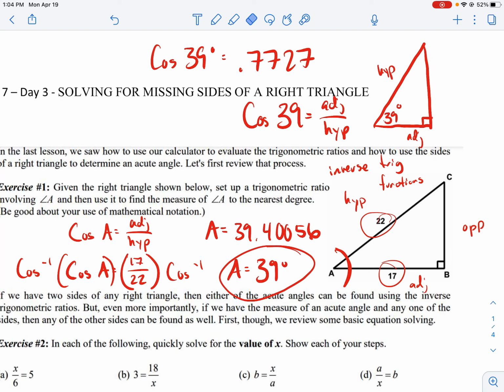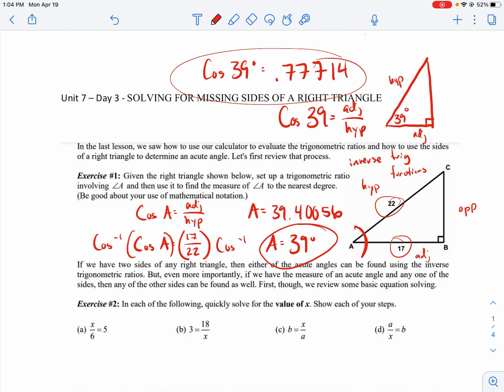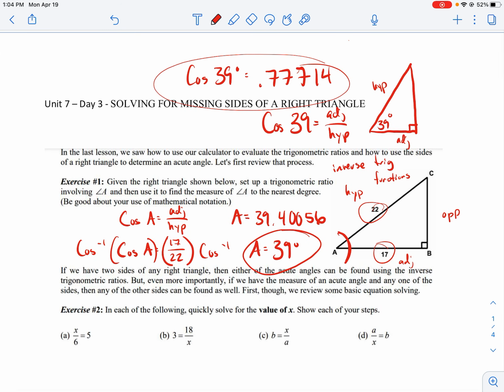Cosine of 39 is actually 0.77714. Okay, so the closest ratio we have to a degree measure would be the ratio created by the cosine of 39 degrees. Okay? All right, so in your calculator, this is the value that it has saved.